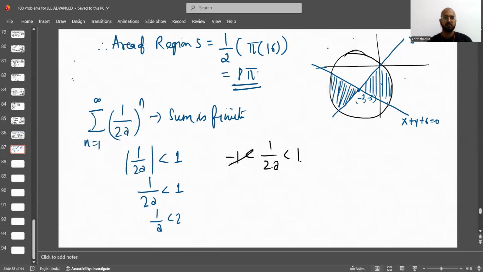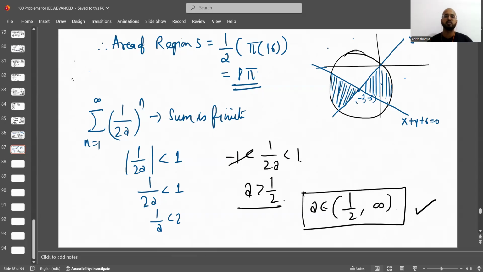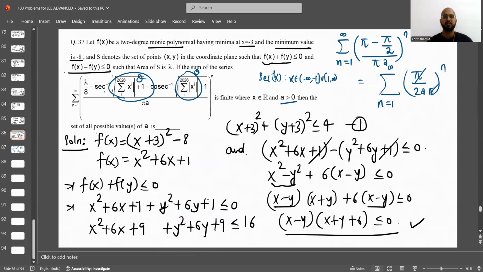So that means 1 over a is less than 2. Take the reciprocal, so a will be more than 1 by 2. So a is positive. That means a belongs to what? Half to infinity. So this is the set of all the values of a for which we get the sum of this series to be finite. Now this completes our problem.